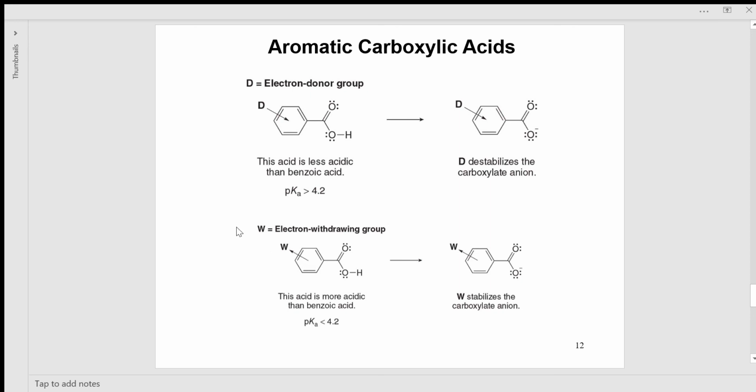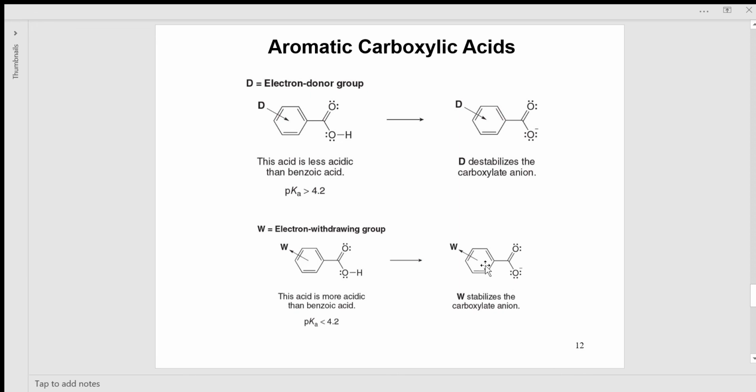electron withdrawing groups. These groups withdraw electrons from the benzene, from the acid group attached to the benzene. So this is the conjugate base of this acid. Again, the instability is from this oxygen anion.